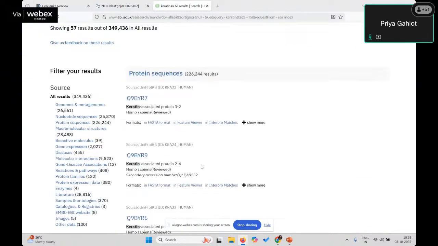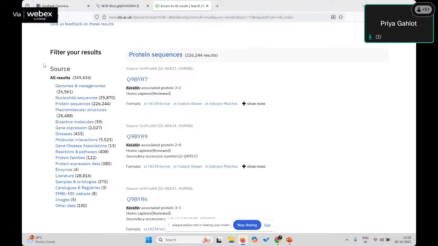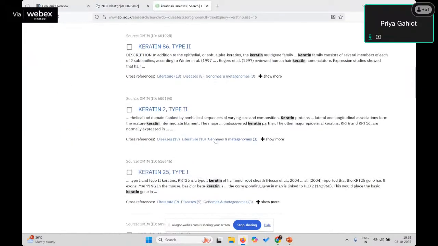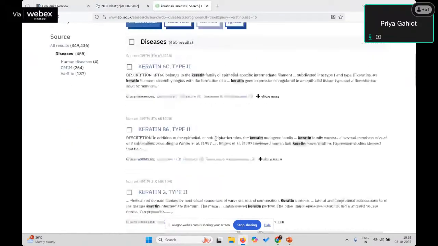I have searched randomly keratin. So you can find all the genomes, metagenomes, nucleotide sequences, their structures, protein structures, how they are interacting, their molecular interaction, the diseases with which it is linked. So it will give you vast data.